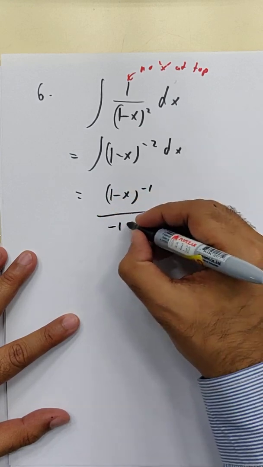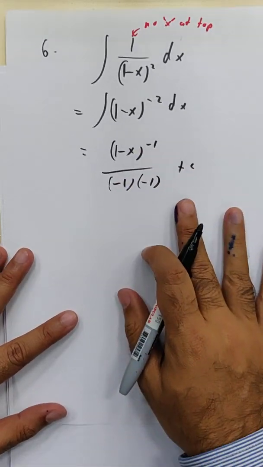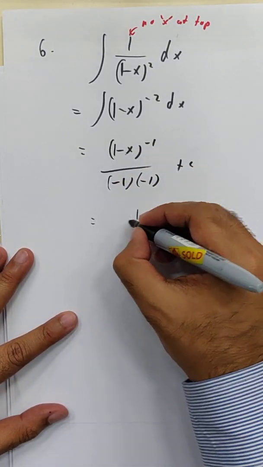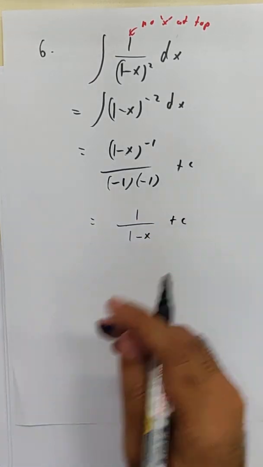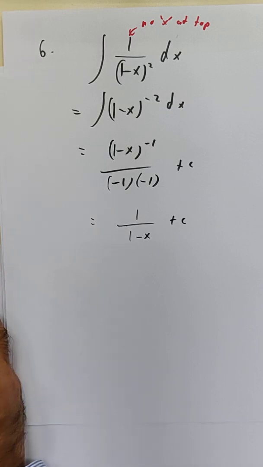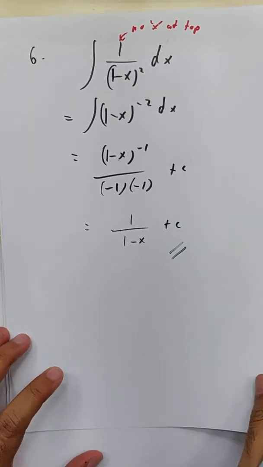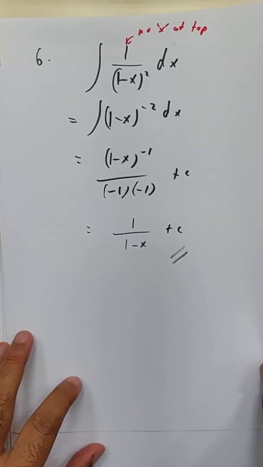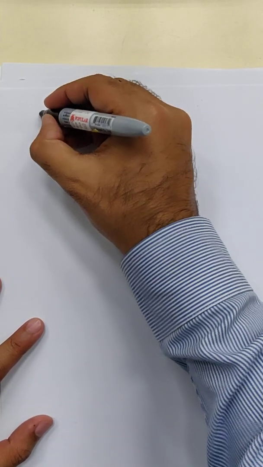This one is the same as just now. Differentiate inside, -1, plus c. 1 minus x. Yep, completely correct. Can I continue? So next one, number 7.